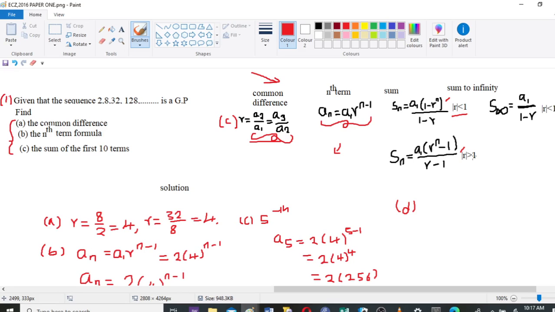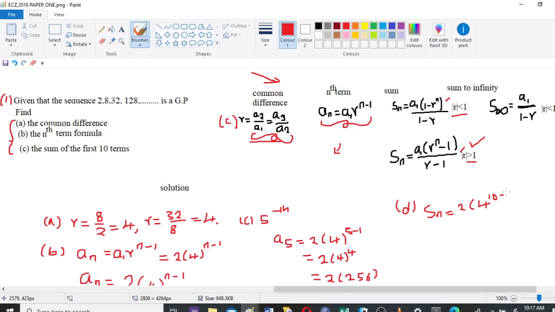It's 4, so it's greater than 1. So the formula we can use to find the sum of the first 10 terms is the second one. Our job now is just to substitute. Our A1 again is 2, our R is 4, to the power 10, minus 1.